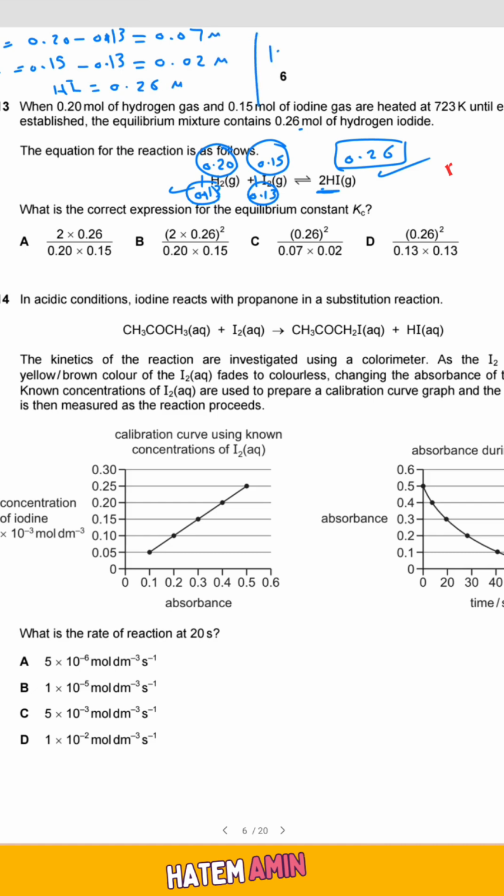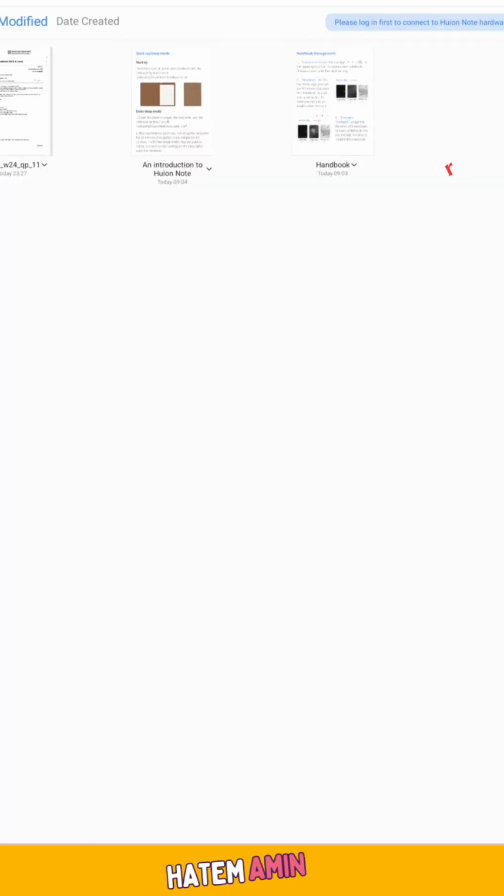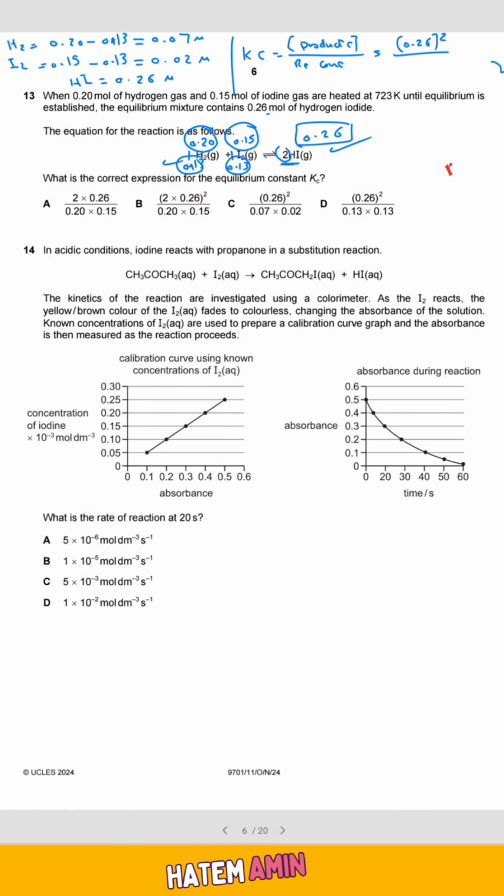Now we need to find Kc. What is Kc? As we know, Kc equals the product concentration divided by the reactant concentration. What's the product? HI, but how many HI do we have? 2, so it should be raised to the power of 2, so it's 0.26 squared, divided by the reactants.